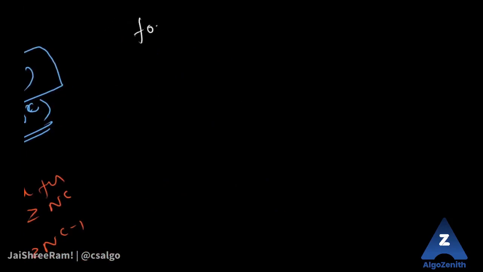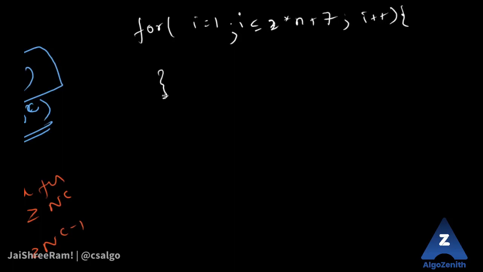So let's suppose you have something like this: i equal to 1, i is less than equal to, let's take 2 into n plus 7, i plus plus, and you do some constant work, like let's suppose you do 3 instructions here.